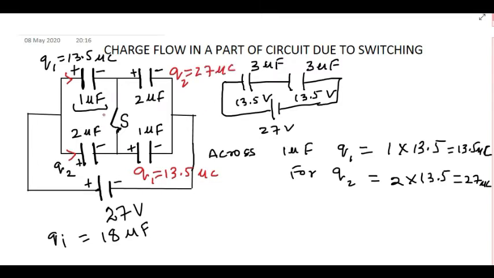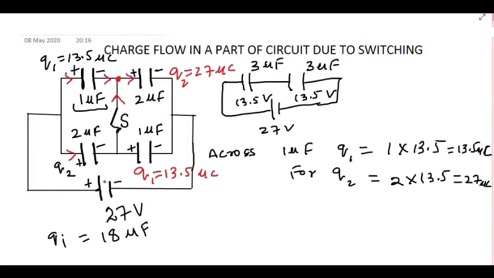Then imagine at this junction there should be 27 microcoulomb charge along this side. From here we get only 13.5 microcoulomb charge, and the other 13.5 microcoulomb charge will come from this side.